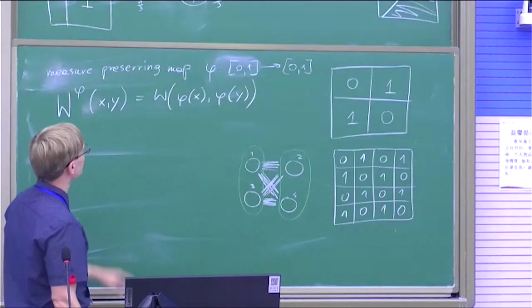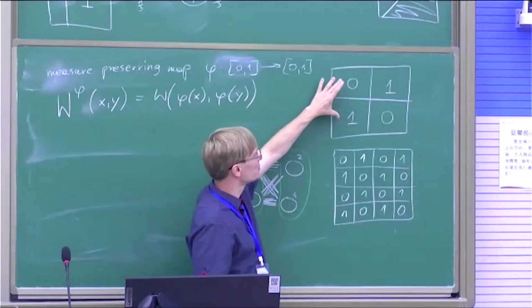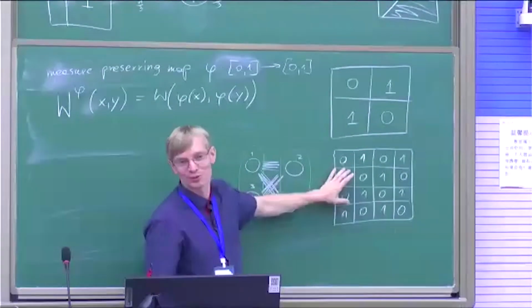Okay? So with this, you can see that I can define a measure preserving map here, which will reshuffle this guy into this guy.